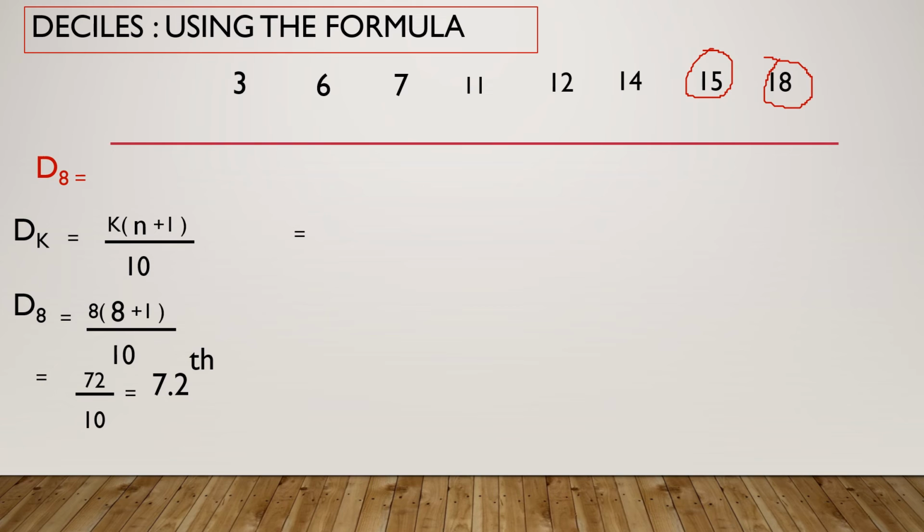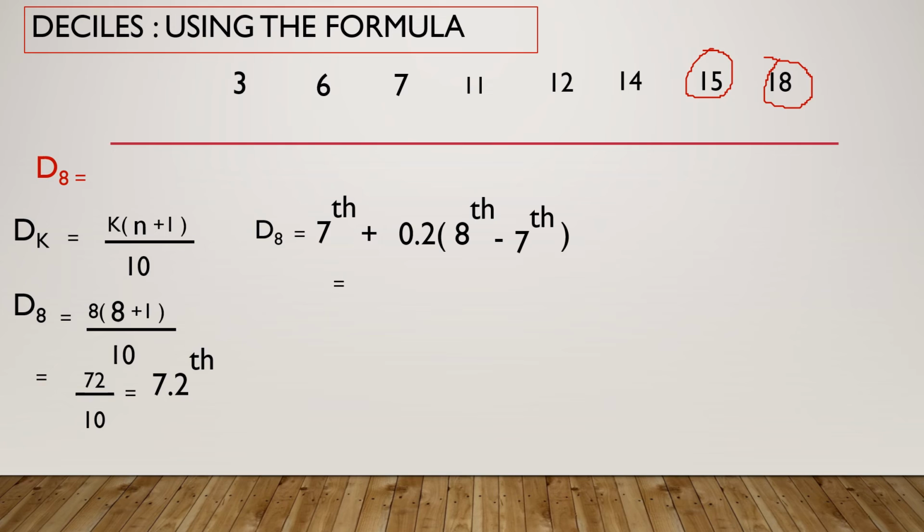Okay, the 7th and 8th. So the 7th plus the 0.2 times the difference of the 8th and the 7th value there.